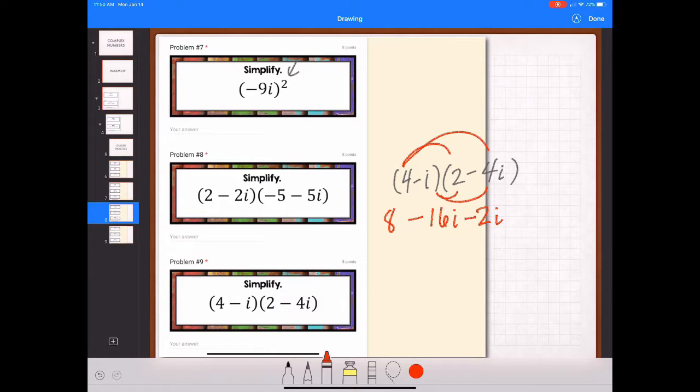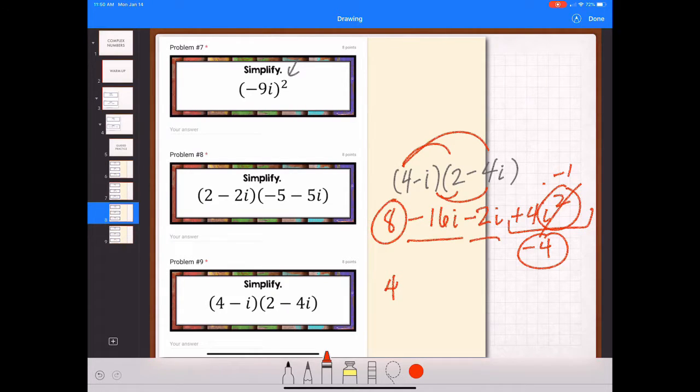And underneath again, negative i times negative 4i is positive 4i squared. Replace the i squared with negative 1. This actual value is negative 4. Combine the real. 8 minus 4 is 4, and then combine the imaginary. Negative 16i minus 2i is negative 18i.